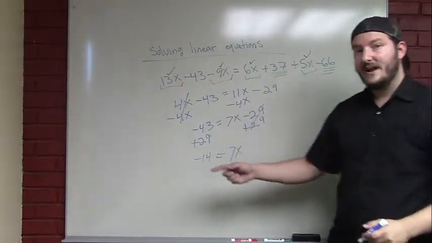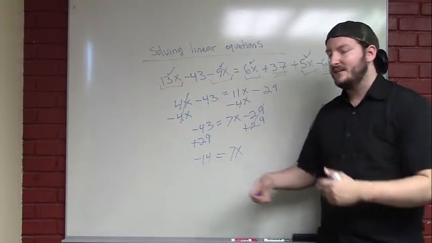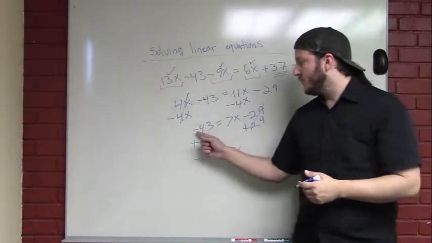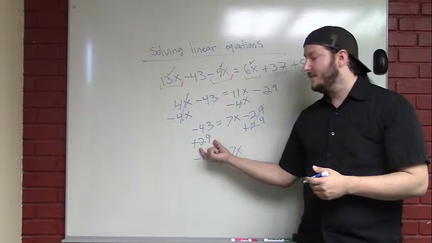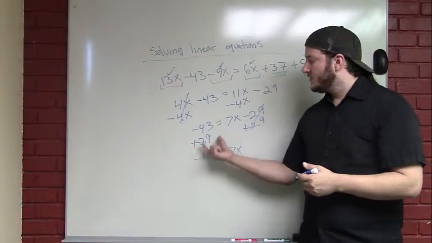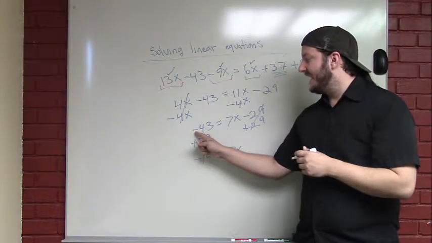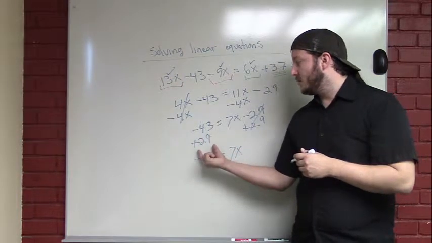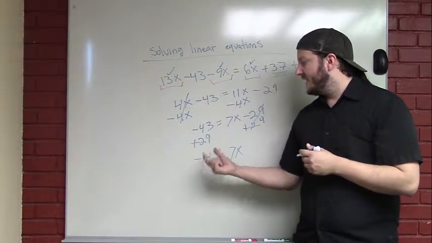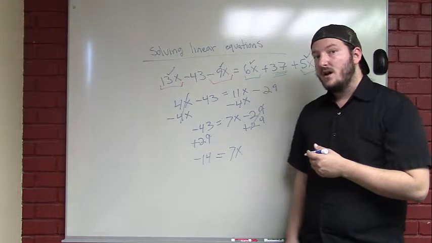And if you can't do that in your head, you can just go off to the side and do it. You can do 43 minus 29, which is going to end up being 14. Just remember that since the negative 43 is much larger than the 29, it's going to be a negative number, okay?